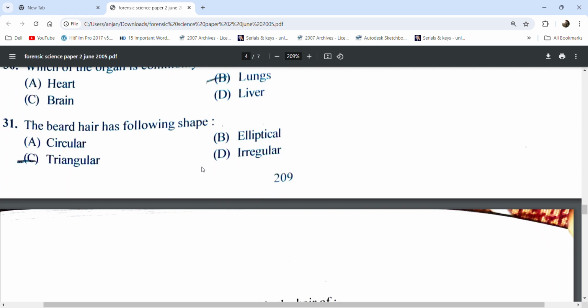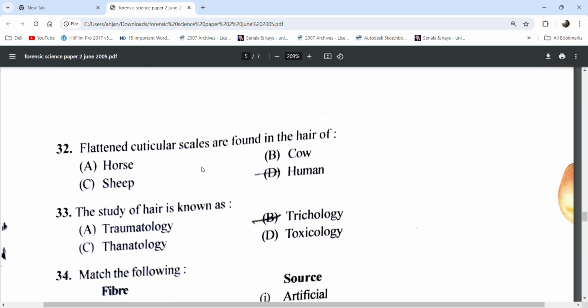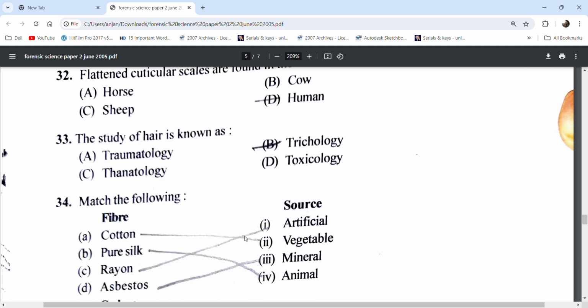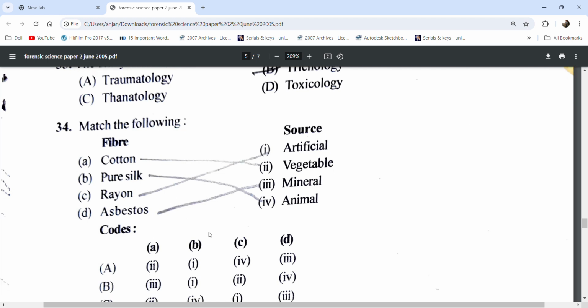The beard hair has the following shape: triangular. Flattened cuticle scales are found in the hair of women. The study of hair is known as trichology. Match the following, fiber and source: cotton, vegetable; pure silk, animal; rayon, artificial; asbestos, mineral.